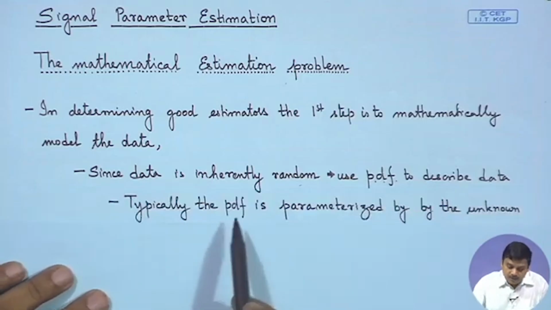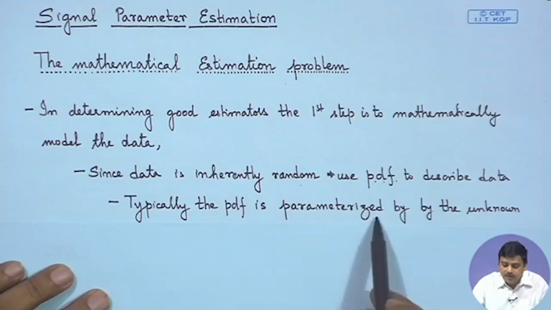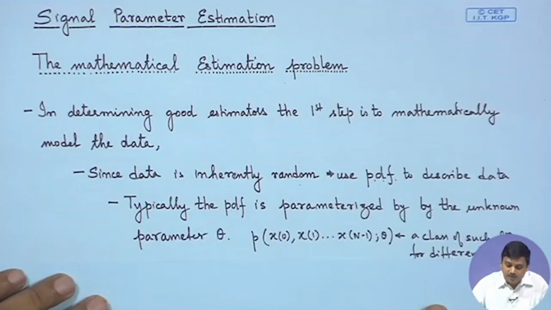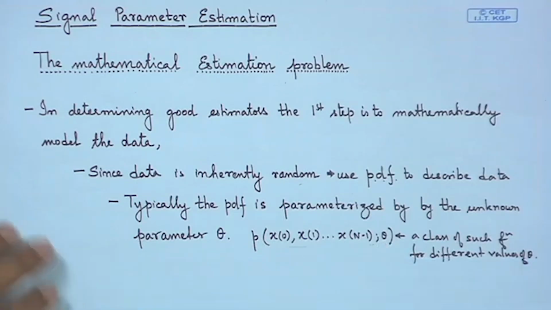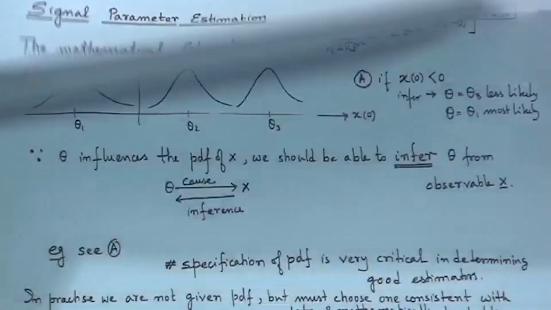Typically, the probability density function is parameterized by the unknown parameter theta. That means, we have p indicating the PDF of the observed data, and there is some unknown parameter theta. It will be clear shortly what we mean by this particular description.